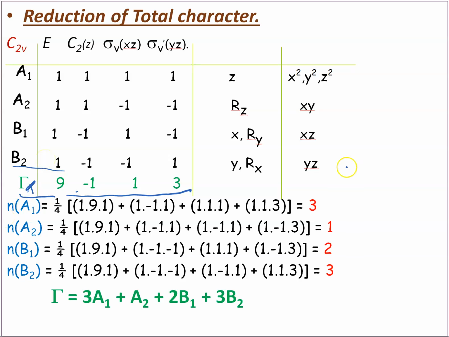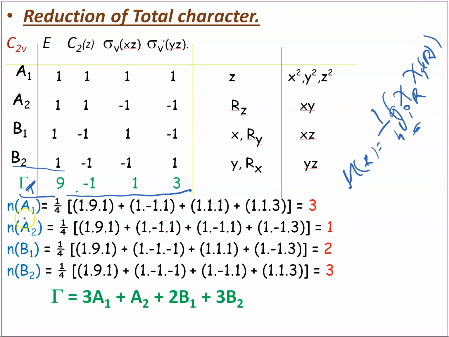What was the reduction formula? NR is equal to 1 by H into chi R into chi R. Do you remember? This is our equation. Also GI is there, number of elements.